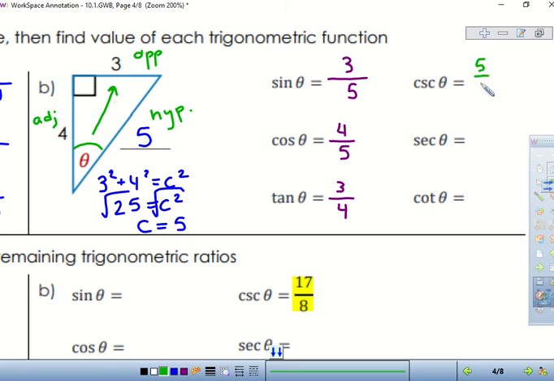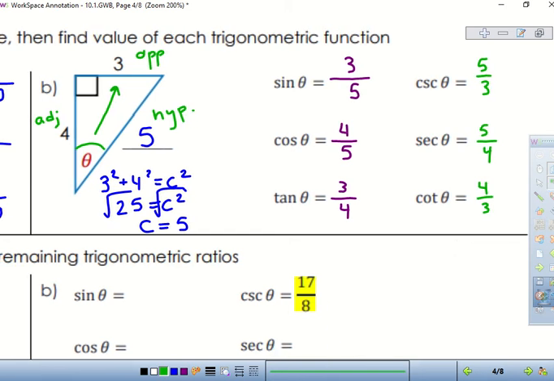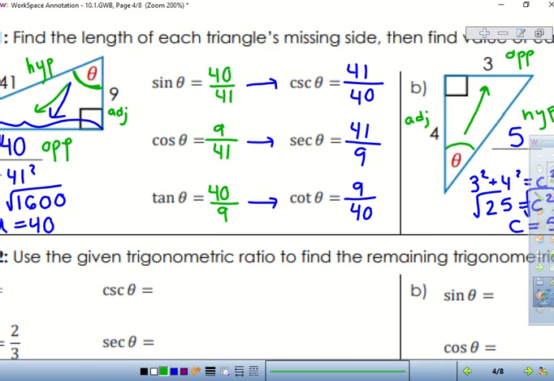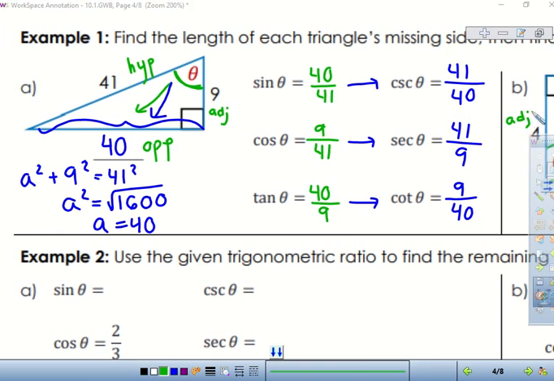So cosecant is the reciprocal of sine. Secant is the reciprocal of cosine. And cotangent is the reciprocal of tangent. Is everybody good with that? Yeah. Alright, let's try the next one.